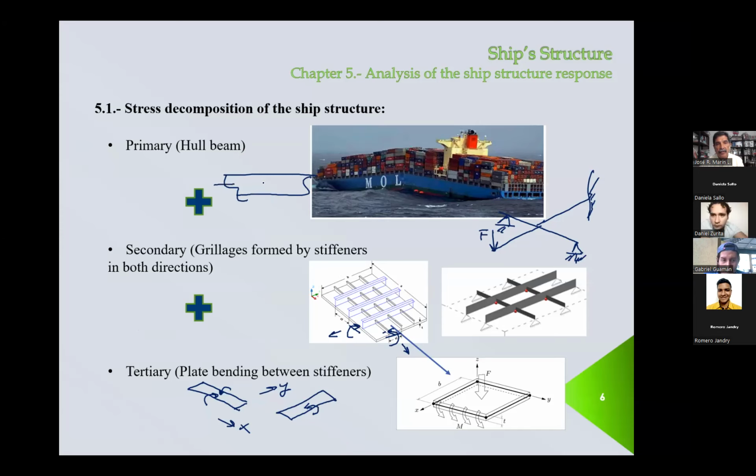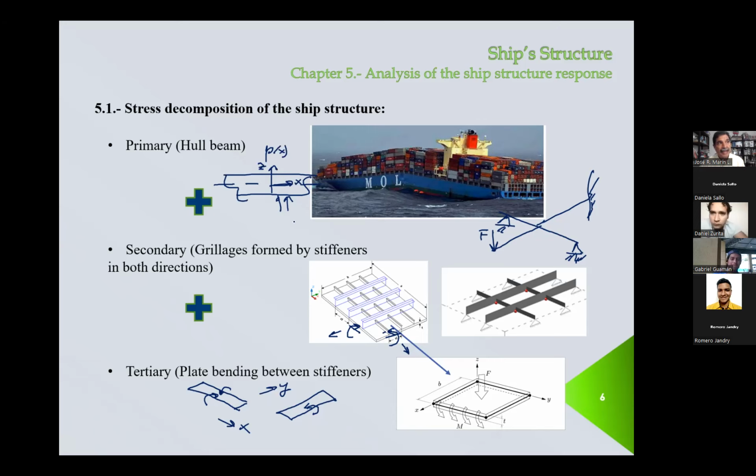Let's suppose it's floating about here. You have pressure here, right? So this pressure, we are going to consider as force per unit length on the whole beam. This is X and this is Z. So here we're going to consider a P of X. And this P of X is related to this pressure.